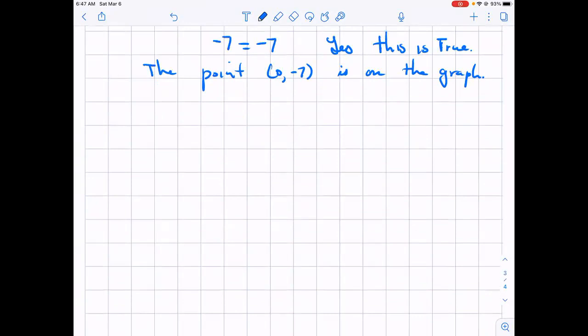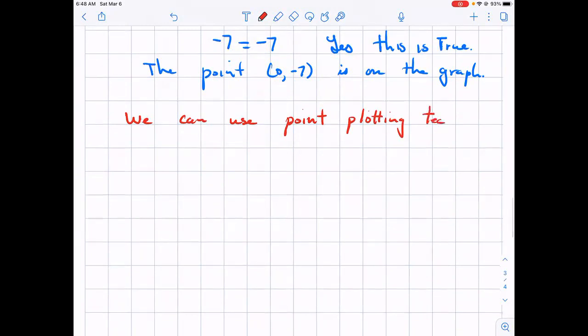So we can use this technique to plot points to create a graph. So the point plotting method, or technique, to draw graphs.